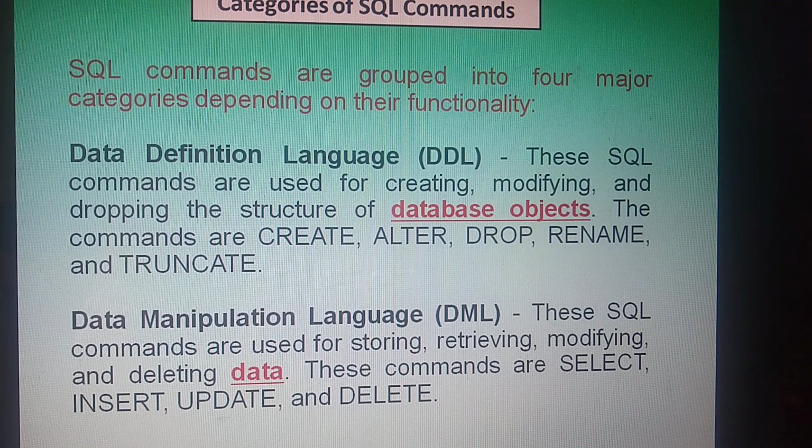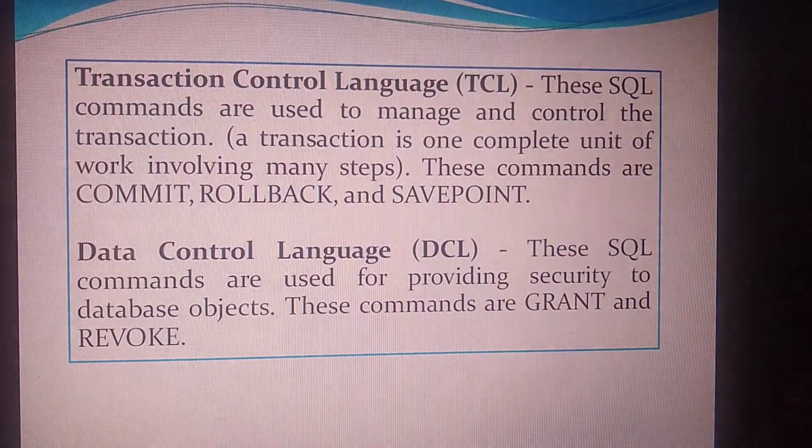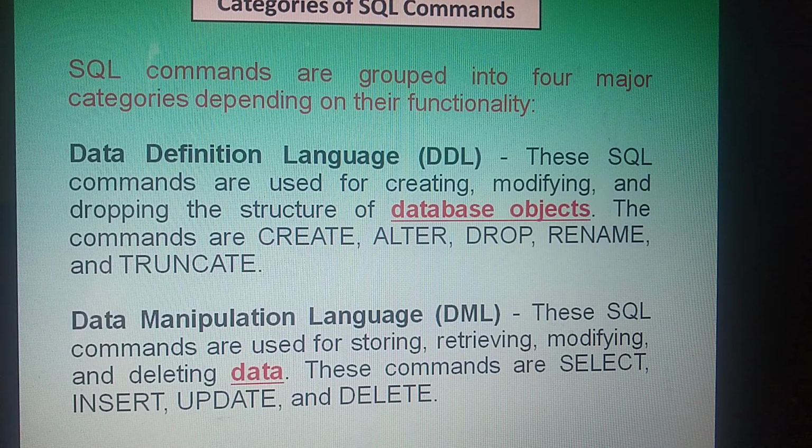If you want to delete a column, for that we will be using alter and drop. If you want to delete a row, that is the data which is present in the table, we will be using the delete command. So these two are very important, data definition language and data manipulation language. DDL is used to work on database objects, and DML, data manipulation language, is used to work on the data which is present in the table.